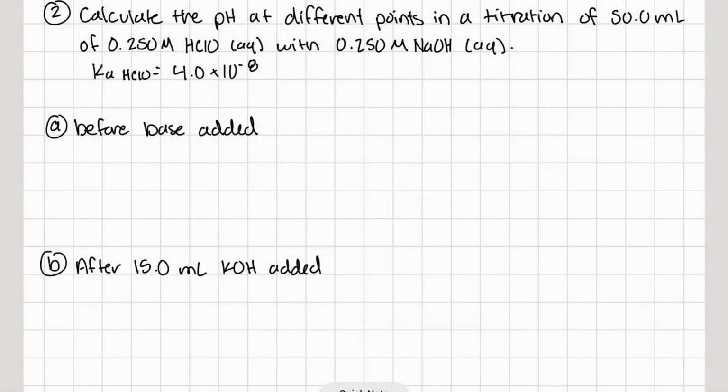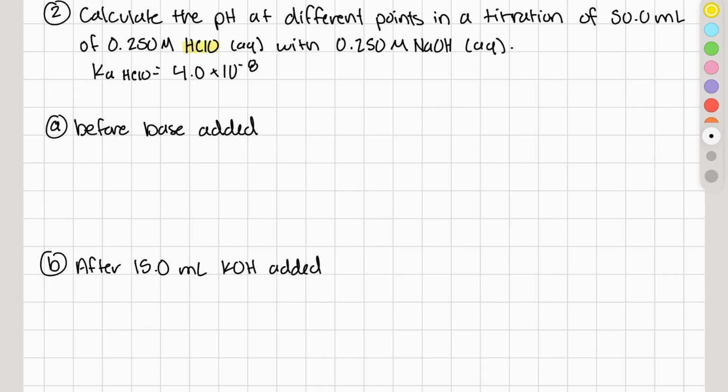The next problem I'm going to work is problem number 2 from those review cards. So again, we're wanting to find the pH at different points of a titration. And now we have 50 milliliters of 0.250 molar HClO with a 0.250 molar NaOH solution. I want to first start by annotating what we have before I even begin.